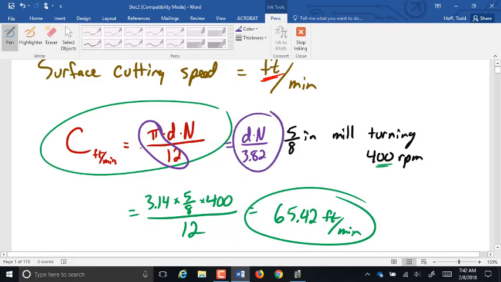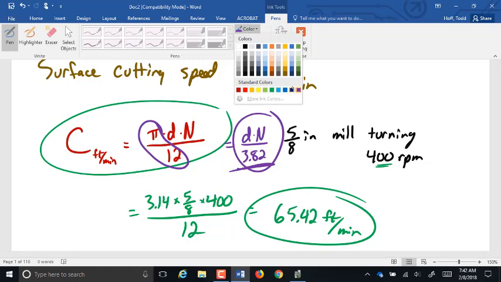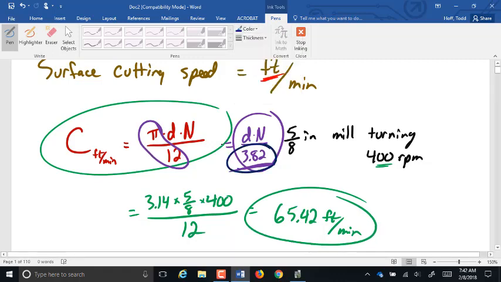They just divided out the pi and the 12, and they just use that consistently. That works exactly. I know a lot of people do use that. But if you ever want to be more precise and you can't remember the 3.82, that's it right there: just 12 divided by pi. You have to do it backwards because we're putting it on the bottom. So it's 12 divided by pi, not pi divided by 12.